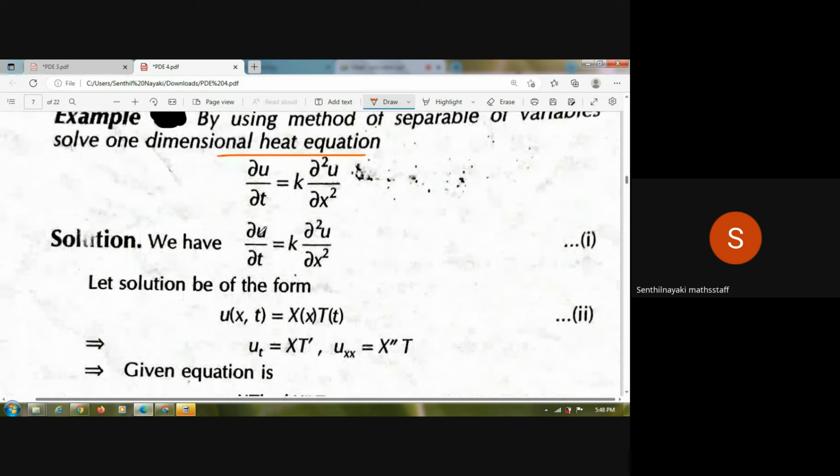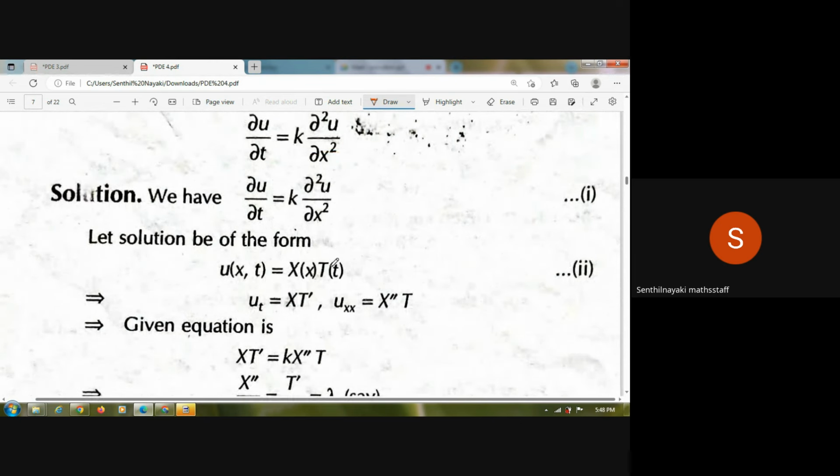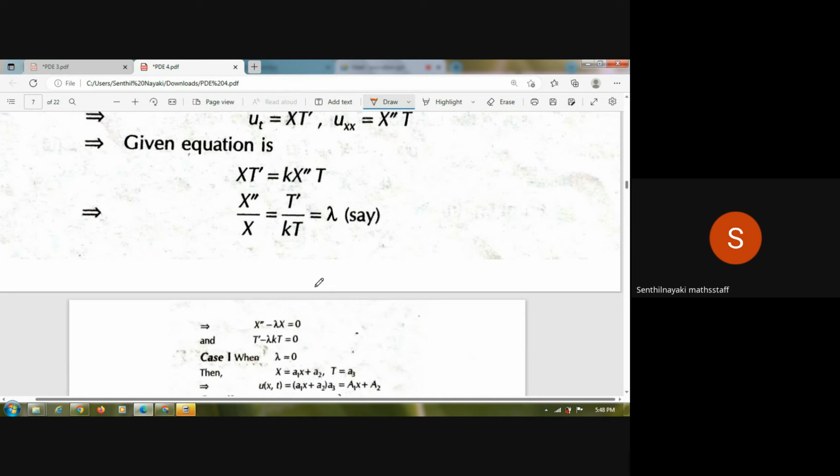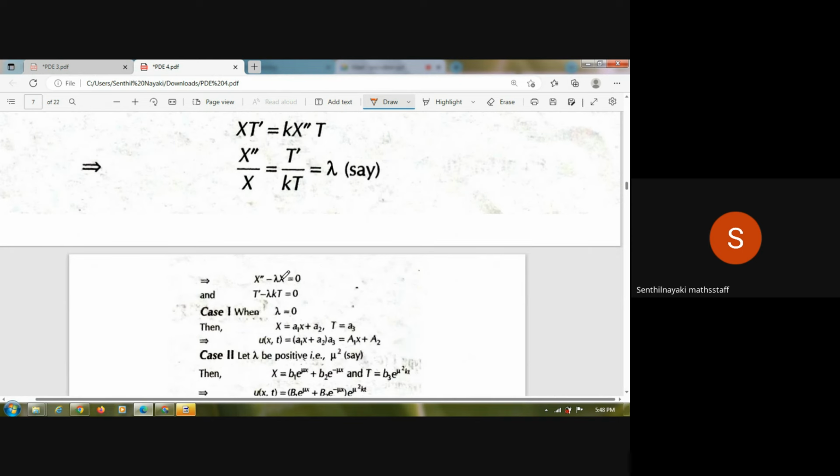Here, u t equal to X T dash, and in the right hand side u xx equals X double dash into T. Then the given equation becomes X T dash equal to k into X double dash into T. Separate the variables, X term on one side and T term on the other side, and equate it to an arbitrary constant lambda like the previous case. So we have X double dash minus lambda X equal to 0.